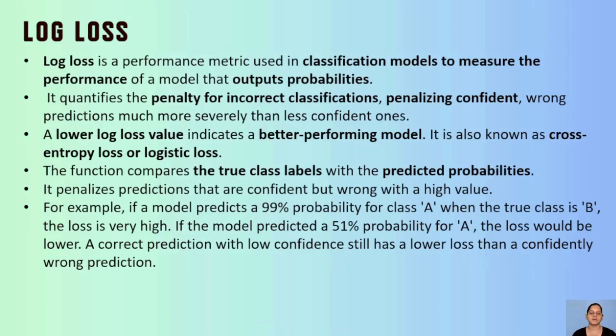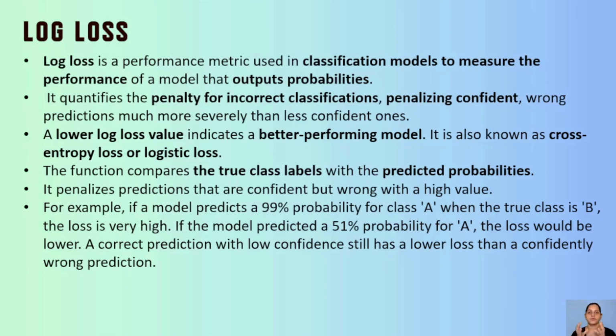Then we will understand log loss. So log loss again is a metric of classification model which is helpful to measure the performance of a model based on the probabilities. It helps to quantify the penalty for incorrect classification and penalizing the confident wrong predictions.